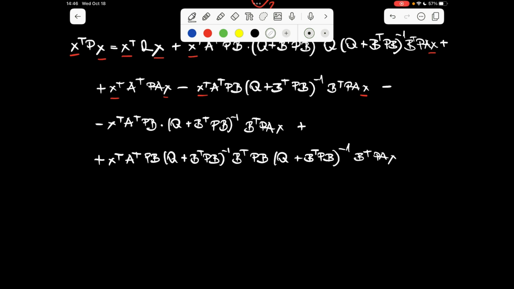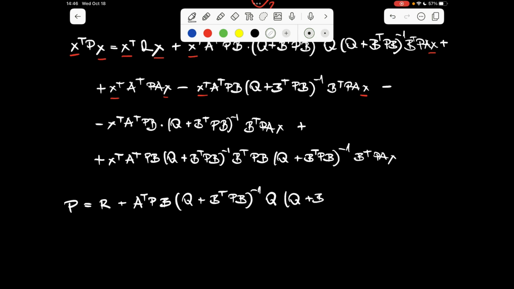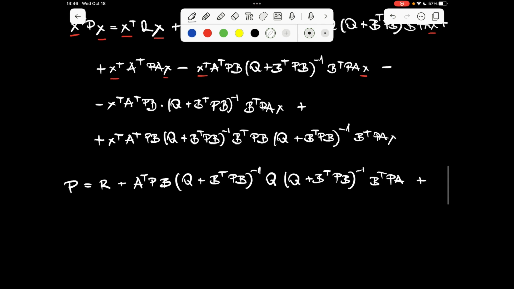So we can simplify this equation to this form. It's the same after omitting x and its transpose in each part of the expression. Okay. Next line.